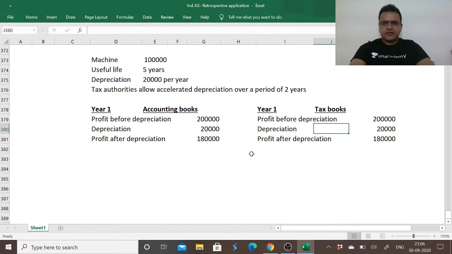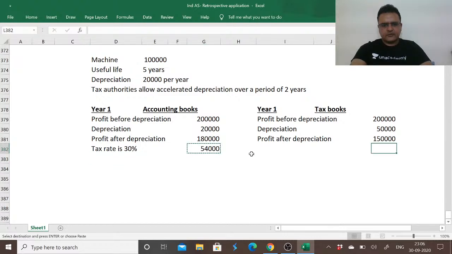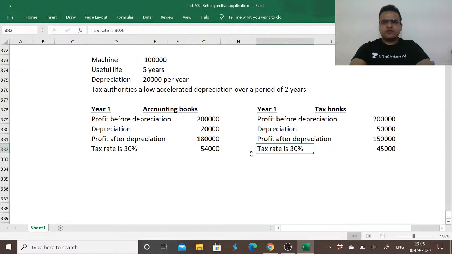The same thing as per the tax books says 50,000 depreciation, and if the tax rate is 30%, then 30% of 1,80,000 is 54,000, and 30% of 1,50,000 is 45,000.